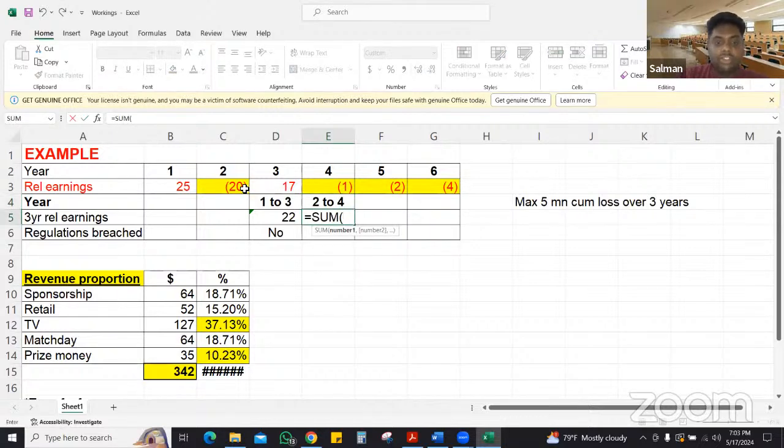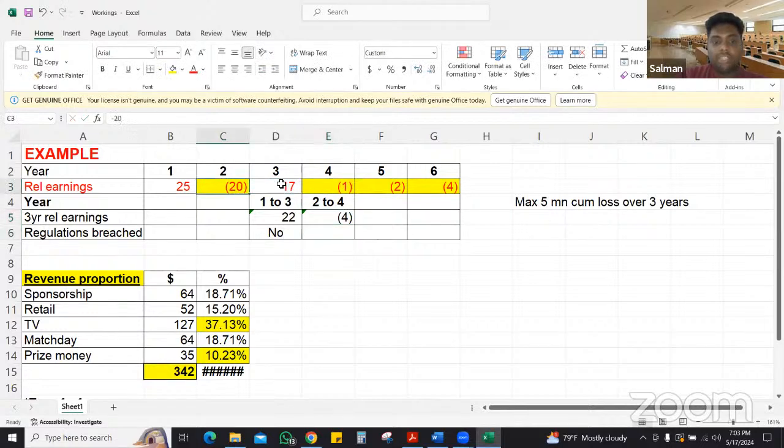What is their total? Minus 20 plus 17 minus 1, that is minus 4. Maximum 5 million is allowed. So here, the regulations are not breached. The association will not get involved. Next, year 3 to year 5.